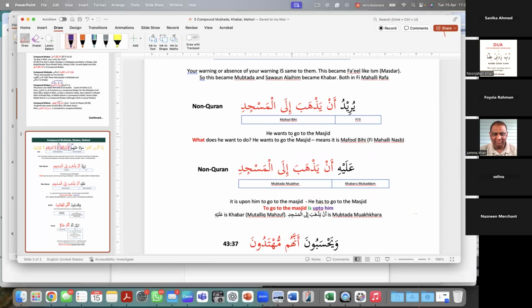Yuridu ayyadhhaba ila al-masjidi. Yuridu, from arada, yuridu. Arada again is a 4-letter verb. He wants. An plus yazhaba. Dhahaba, yazhaba. The mudariyu came, and before that an came. An ayyadhhaba means to go.